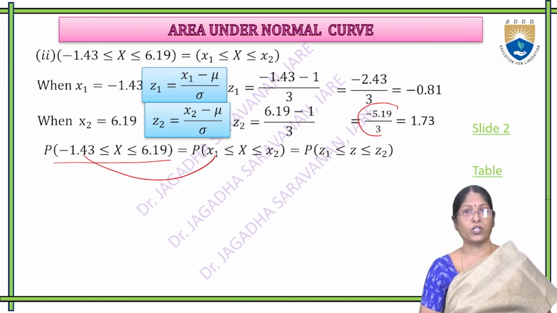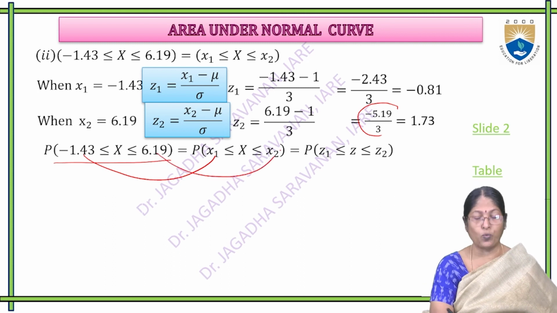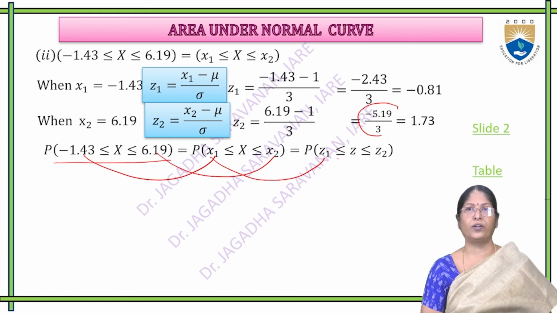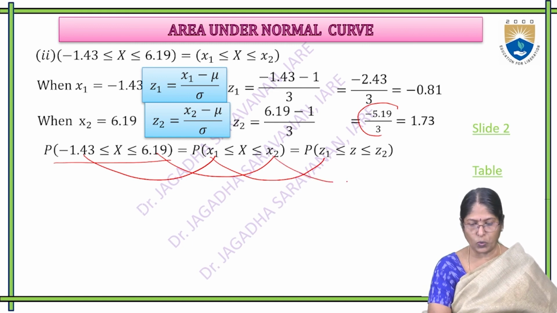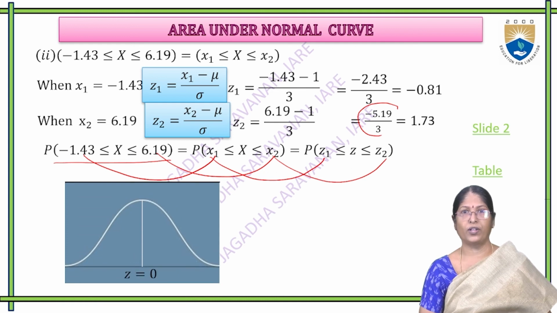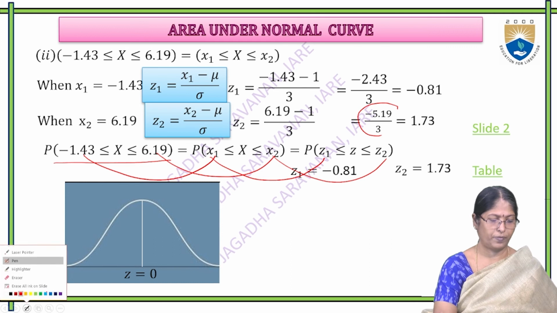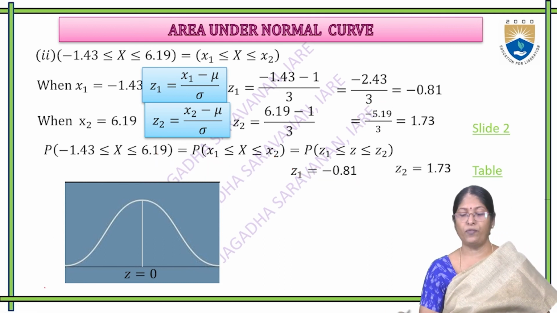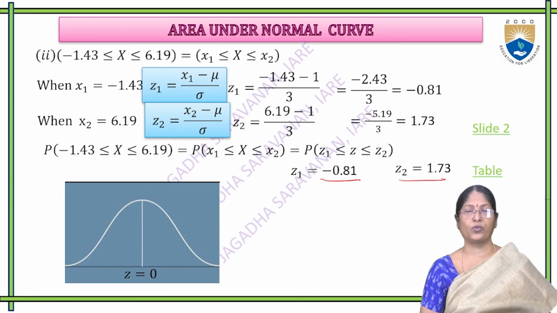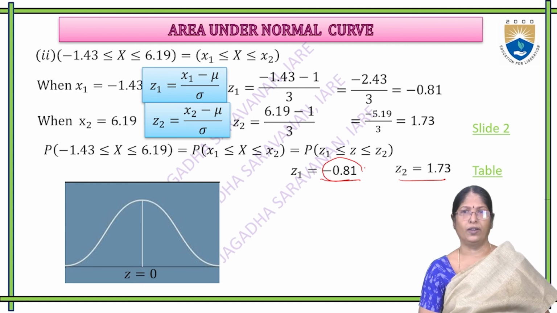Yes, the name x1, 6.19 name x2, x1 converted into z1, x2 converted into z2. First we are concentrating on the rough diagrams. Z1 we obtained minus 0.81, Z2 1.73. Clear picture, this is negative.